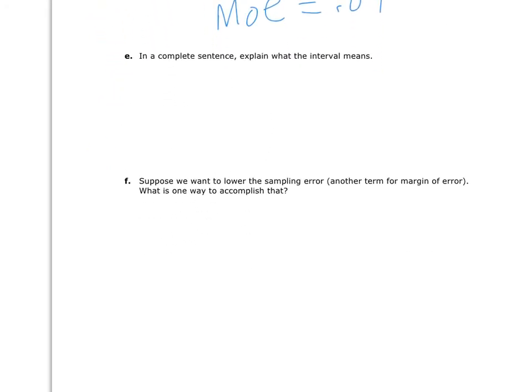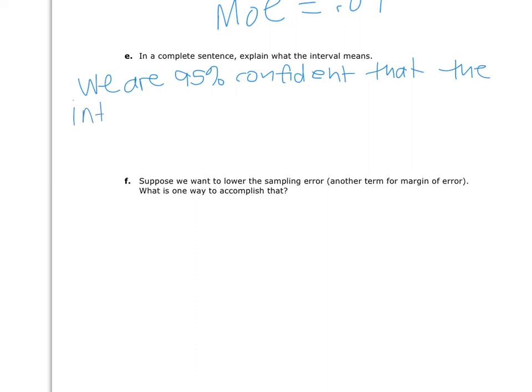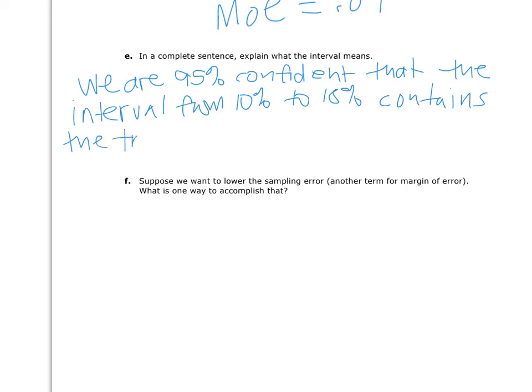So now we want to explain what this interval means. One way we could say that is we are 95% confident that the interval from 10% to 18% contains the true proportion of blank fortune cookies, or blank fortunes.